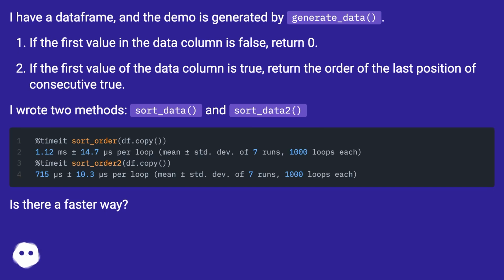I wrote two methods, sort_data and sort_data2. Is there a faster way?